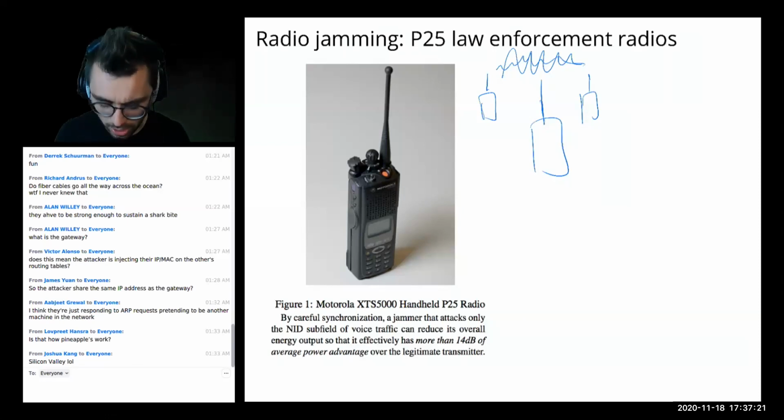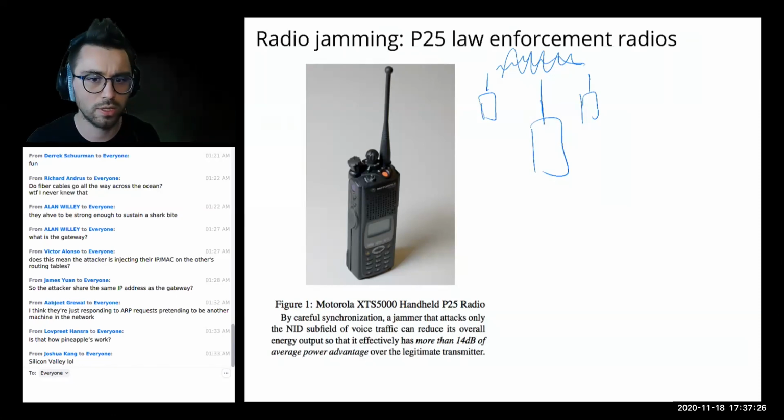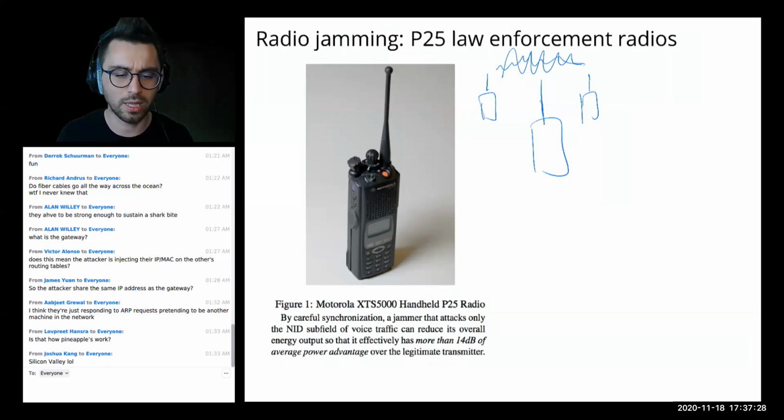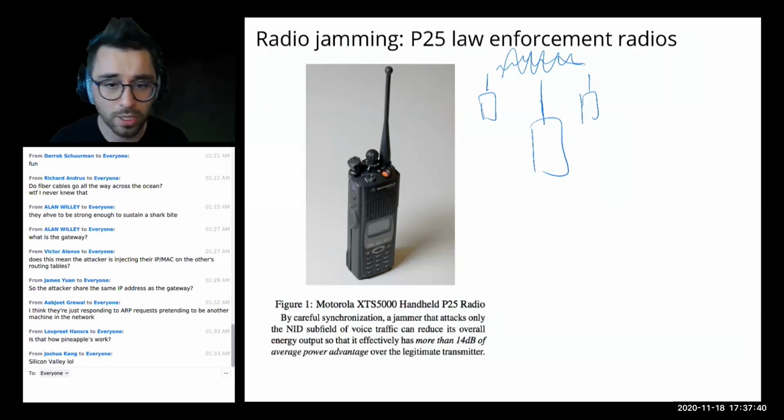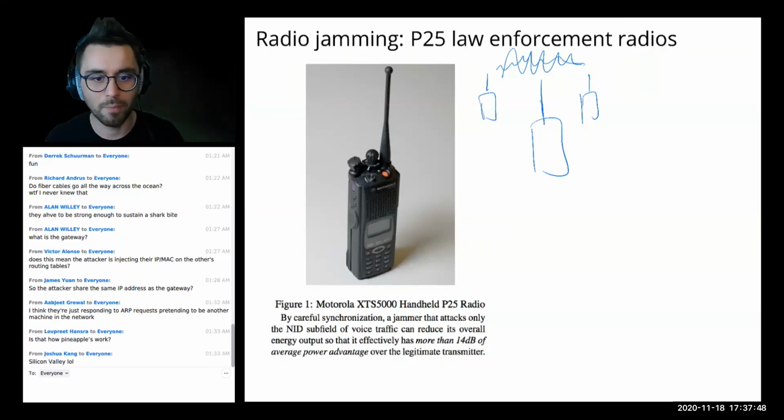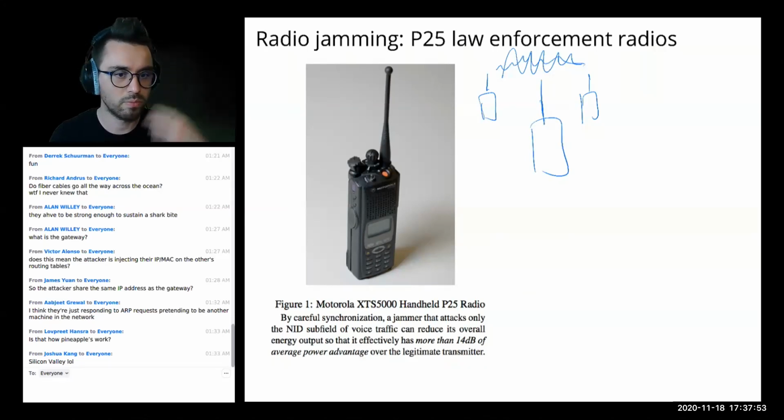With these particular radios, if you muck with just the right bits, I think it was on the order of 16 bits, so that this particular field, called the NID, is corrupted, then the devices will think that the rest of the message is malformed, and not play it out, not try to actually decrypt it.